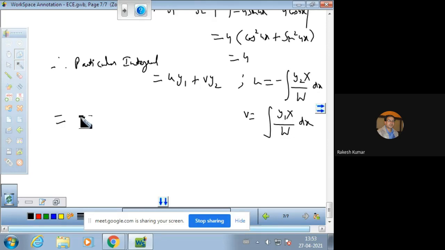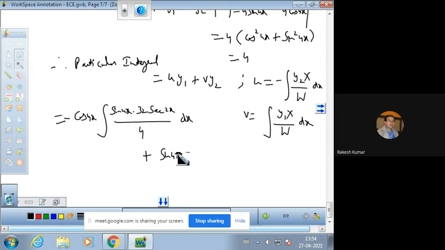y1 is cos of 4x, I have written that first, and filled in the value of u with minus, and y2 is sine 4x into capital X. Capital X is 32 secant 2x over W. The W is 4 here into dx plus v y2. y2 is sine 4x, and v will be calculated by this formula with y1.